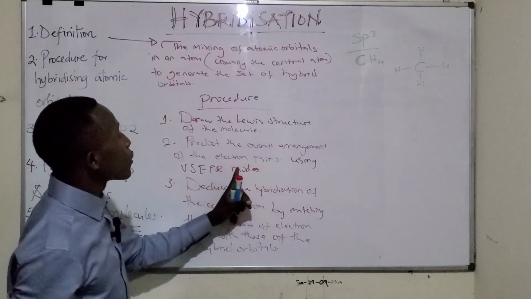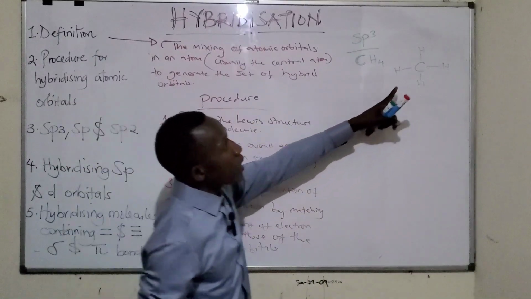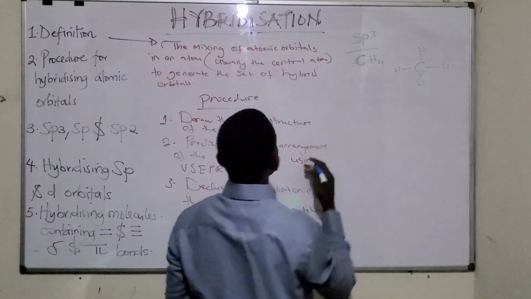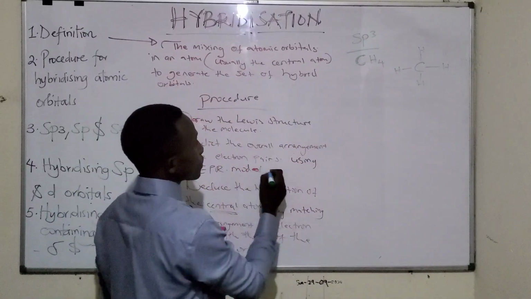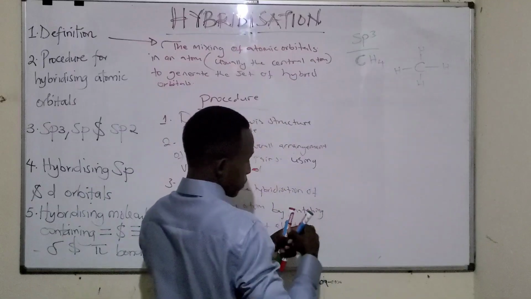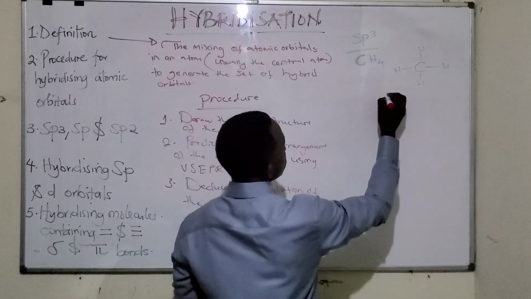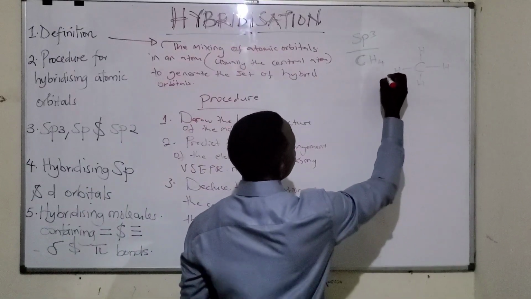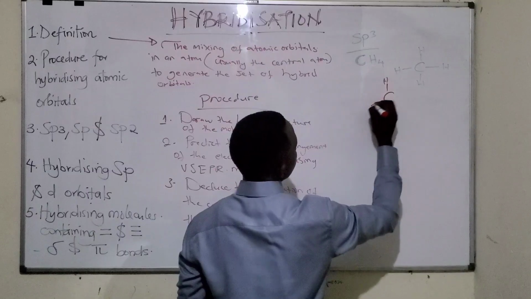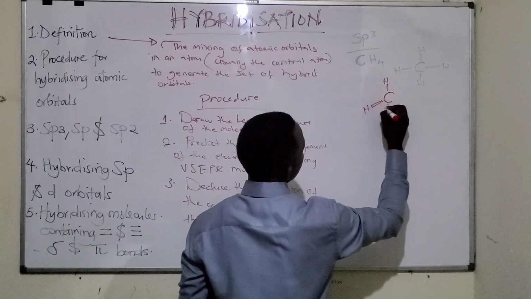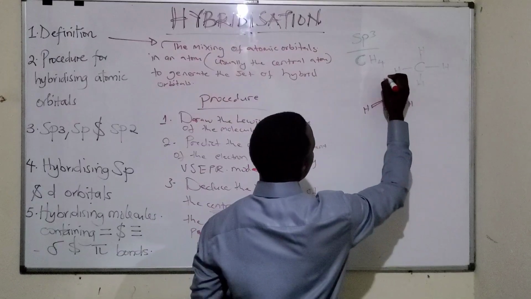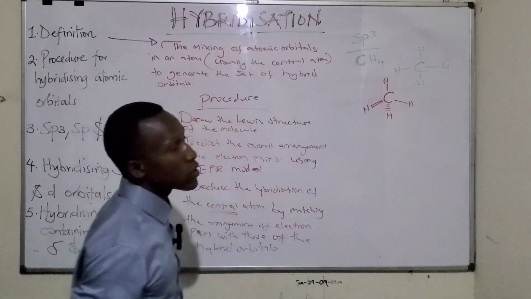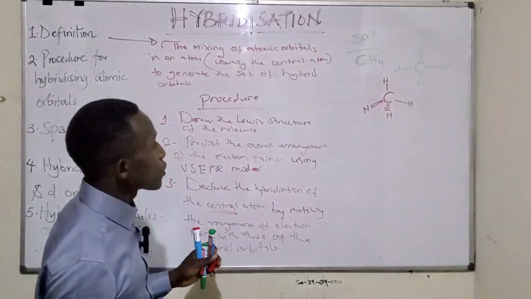Then we can predict the overall arrangement for the methane using the VSEPR model. It will be like this. Carbon has no lone pairs of electrons.